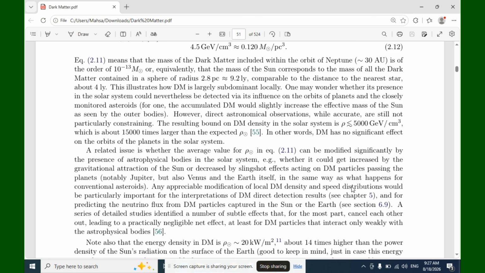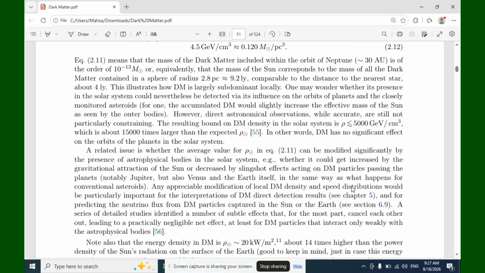Any appreciable modification of local dark matter density and speed distributions would be particularly important for the interpretation of dark matter direct detection results, see Chapter 5, and for predicting the neutrino flux from dark matter particles captured in the Sun or the Earth, see Section 6.9.